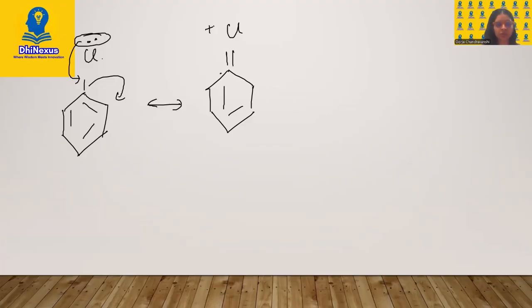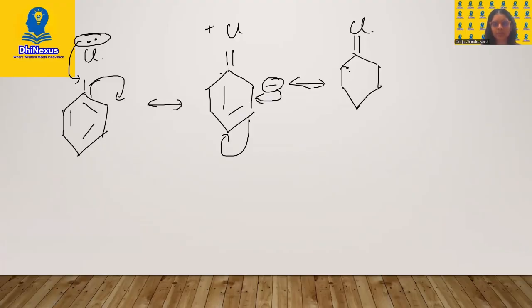Because this bond shifts, I get a negative charge. There is a charge delocalization that takes place. So now the negative charge comes at the para position. Nothing came at the meta position, as you can see. Again, at the ortho position.